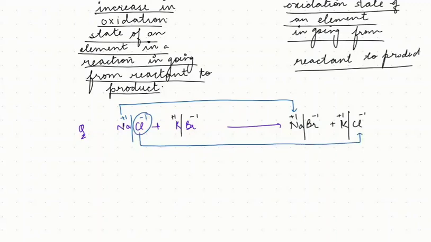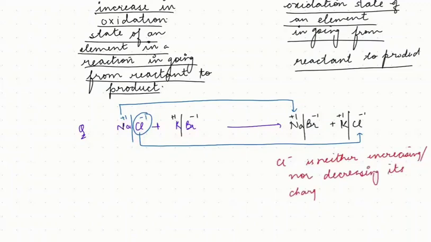That means Cl negative is neither increasing nor decreasing its charge. You understand?